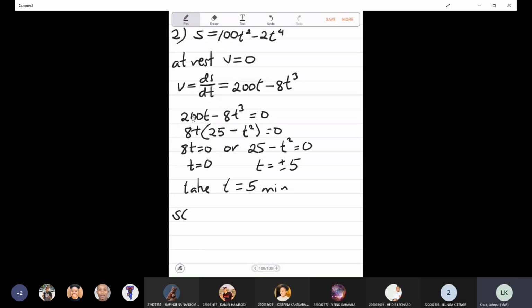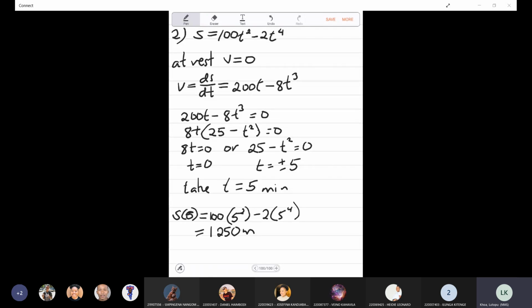So s when t is 5, this is 100 times 5 squared minus 2 times 5 to the power of 4. So that you can do in your calculator. 100 times 5 squared, 2 times 5 to the power of 4. 1,250, and our units are meters.